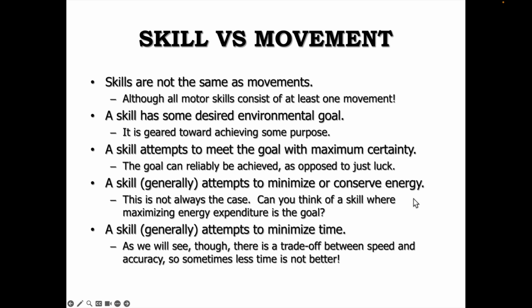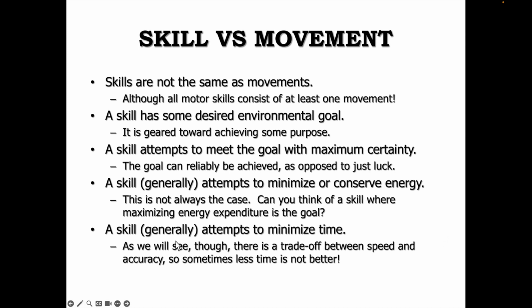So for example, if I'm running, every step I take, I don't want to expend a ton of energy with every step, because if I do that, I will tire out very quickly. So I want to improve my technique so that I can efficiently run without expending too much energy.